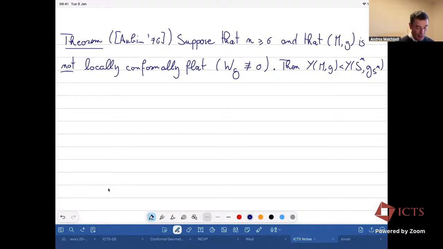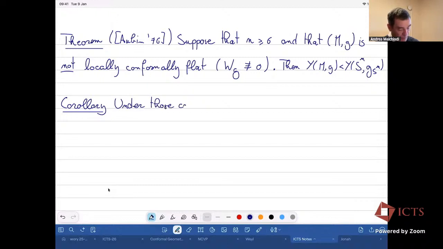Okay, so as a corollary, under those conditions, the Yamabe equation is solvable. It follows from proposition 2.